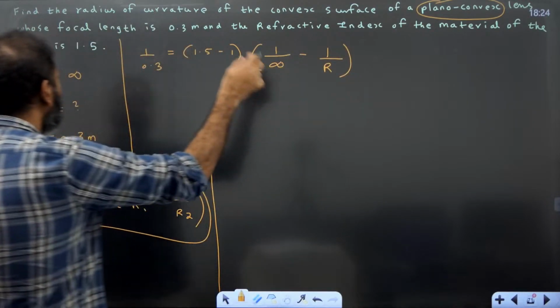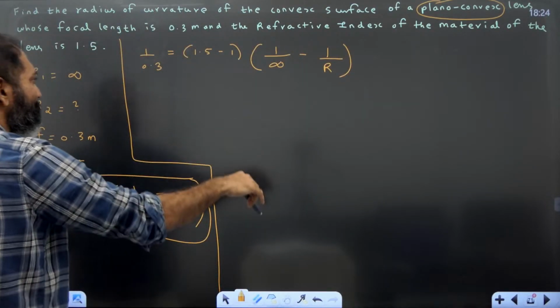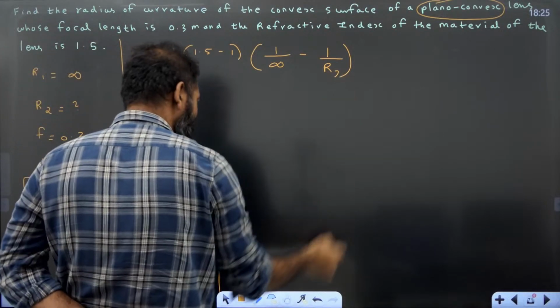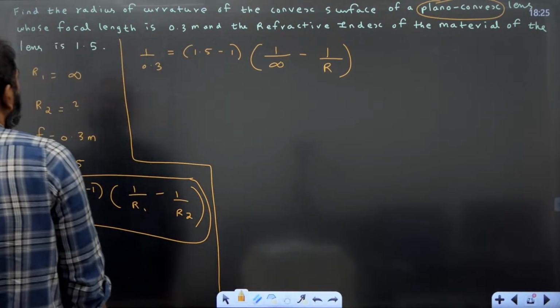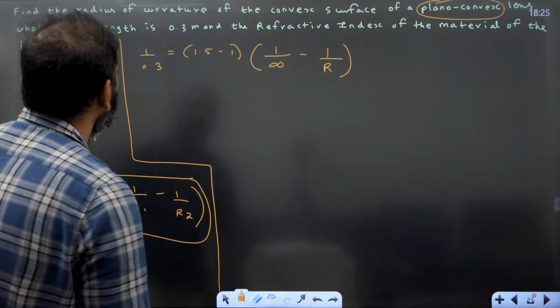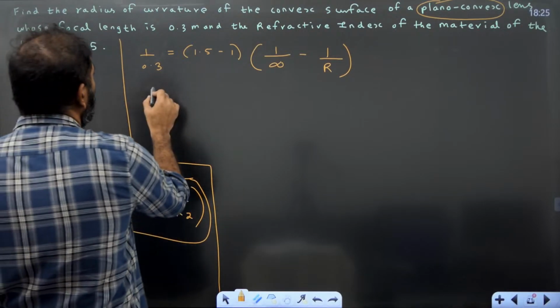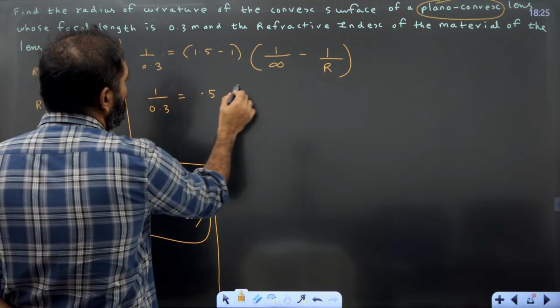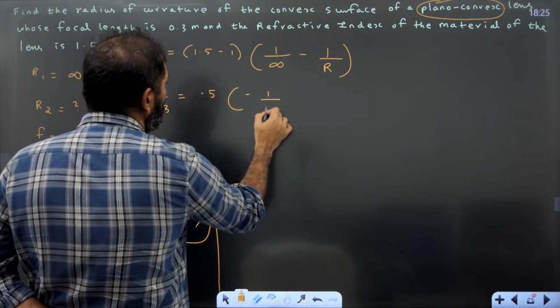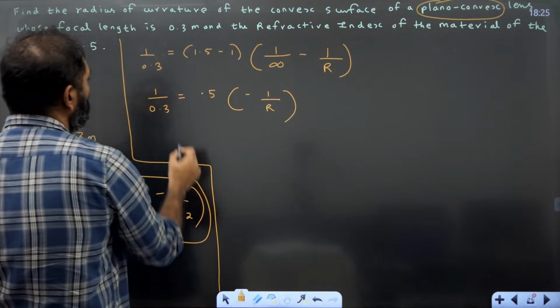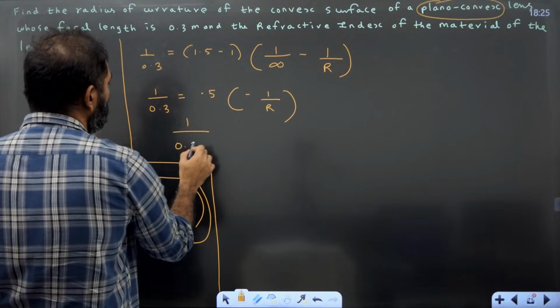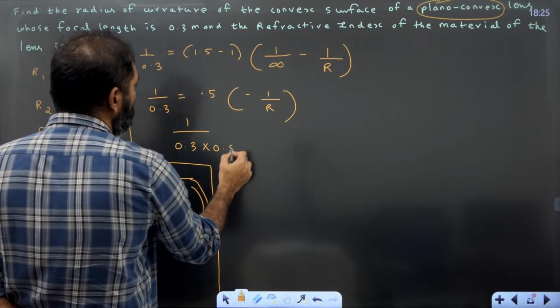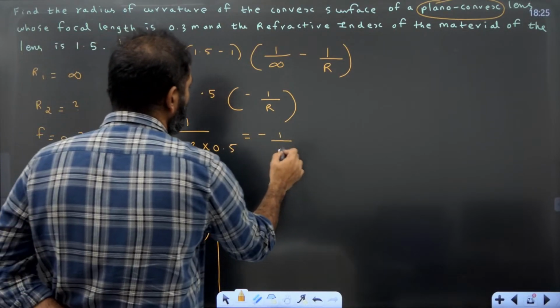R1 is infinity, R2 equal to r. So 1 by 0.3 is equal to (1.5 minus 1) into (1 by infinity, which is 0, minus 1 by r). So 1 by 0.3 into 0.5 is equal to minus 1 by r.